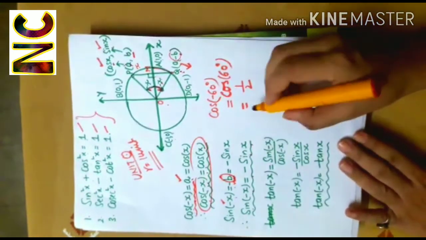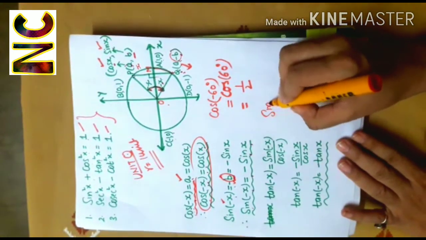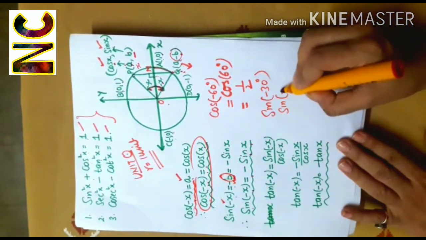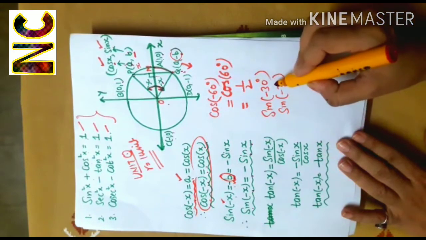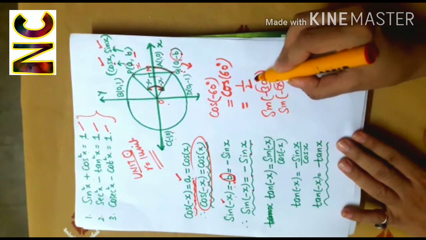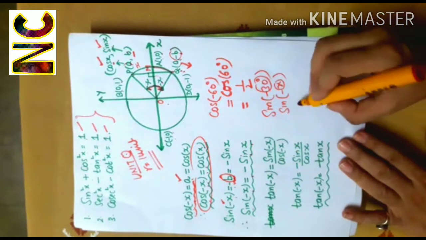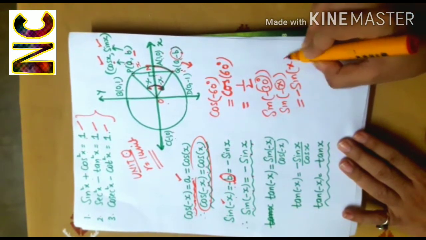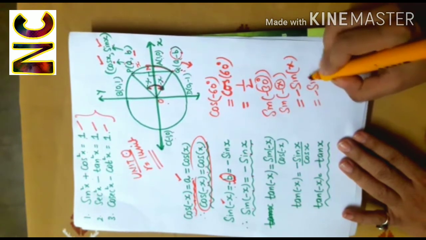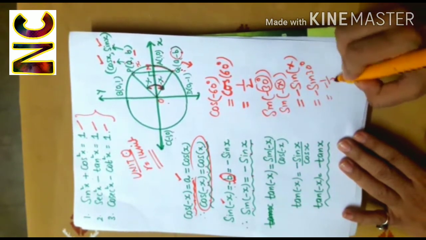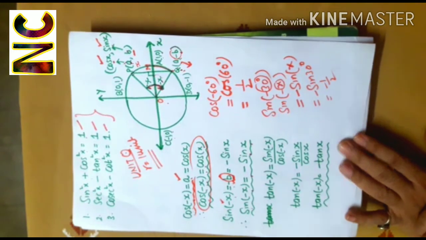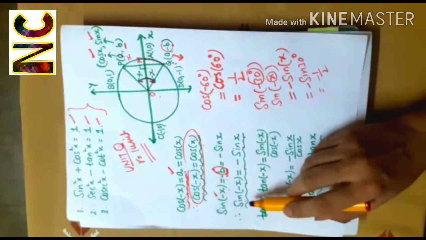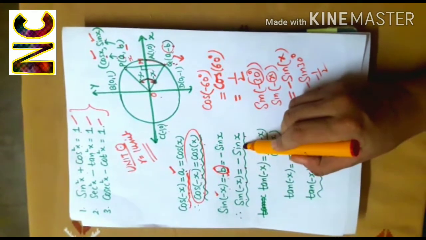Right? That means if I have to compute sine of minus 30 degree, it is of the form sine of minus x. Role of x is being played by 30 degree. So by this, it will be equal to minus sine 30 degree. So it is minus 1 by 2. Right? So cos of minus x is cos x and sine of minus x is minus sine x.